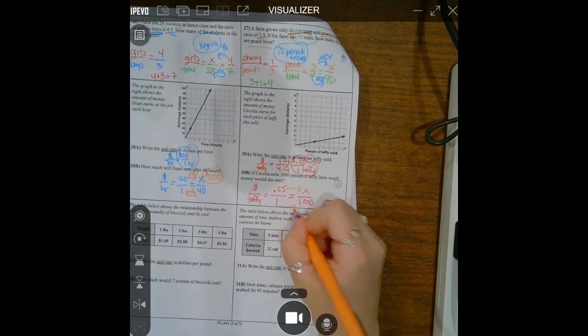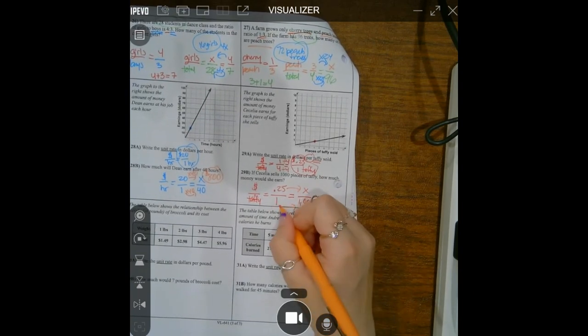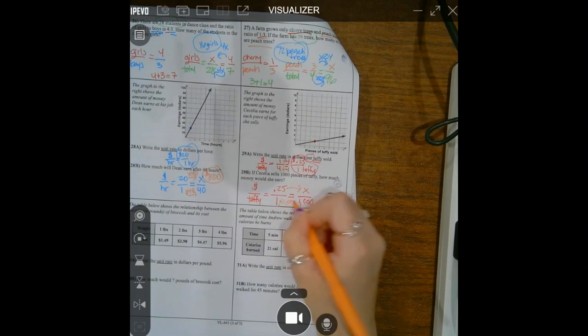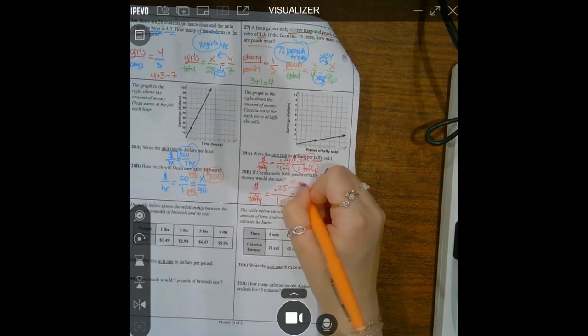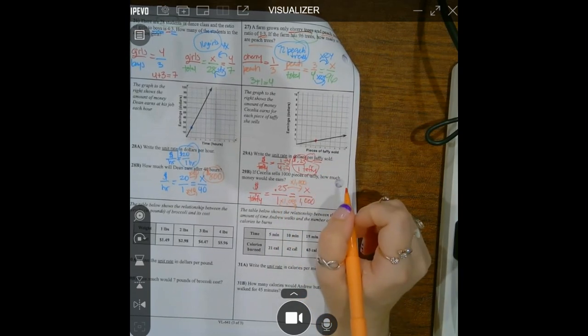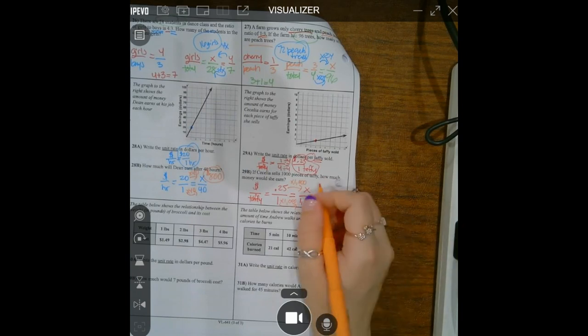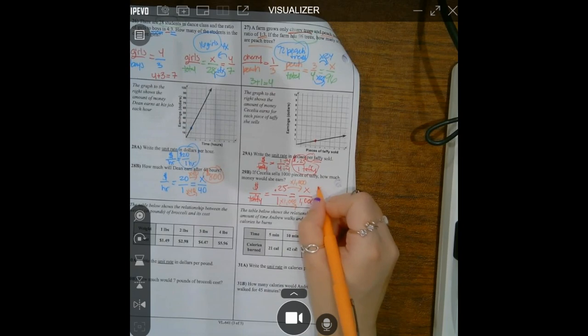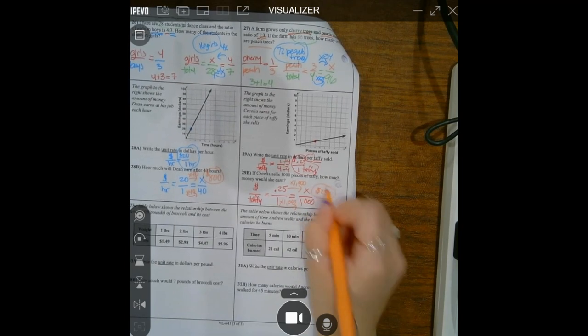Go towards your unknown. 1 times what is 1,000? Yeah, 1,000. So then do the same thing on top. And what's 0.25 times 1,000? What'd you get? Yep, 250. Perfect.